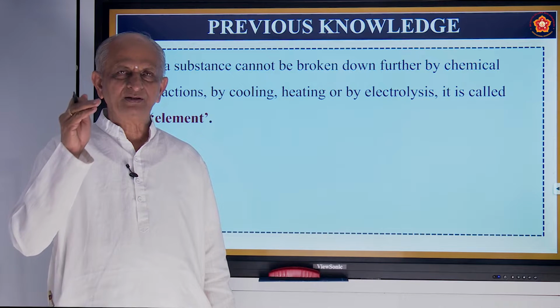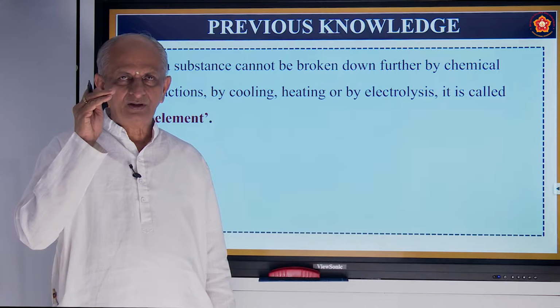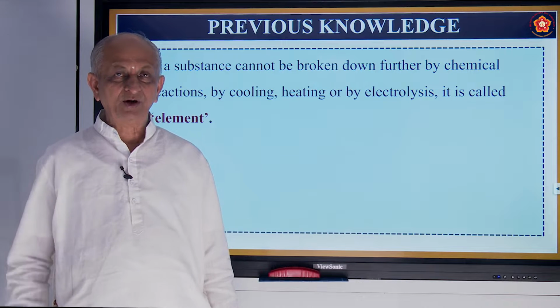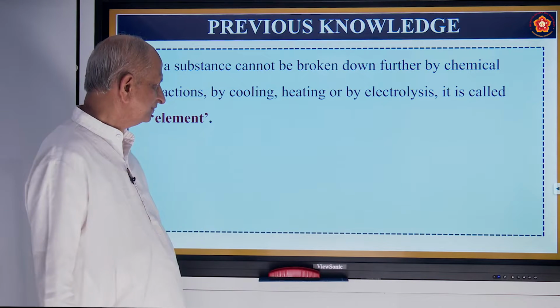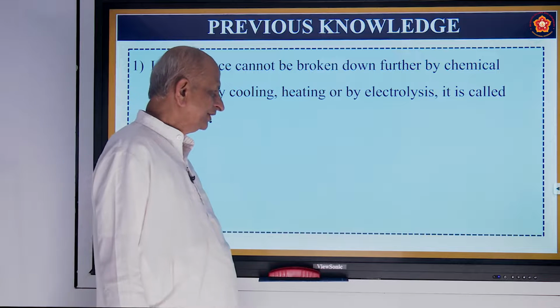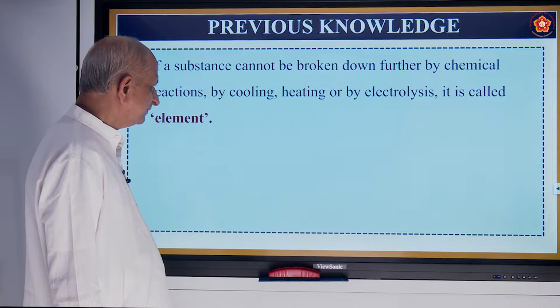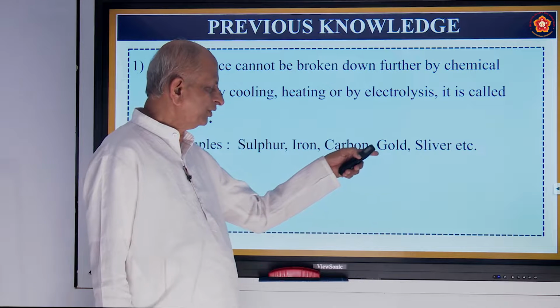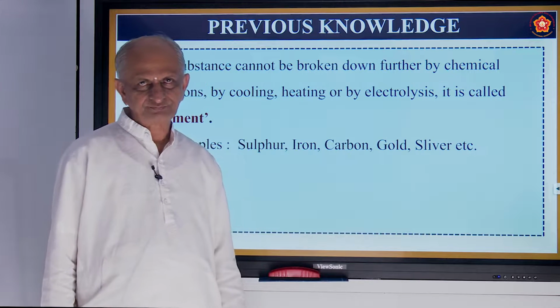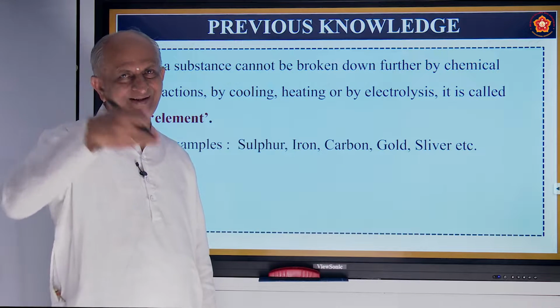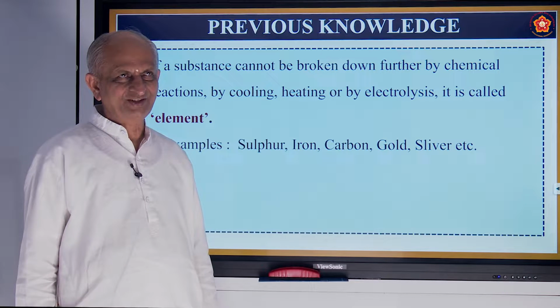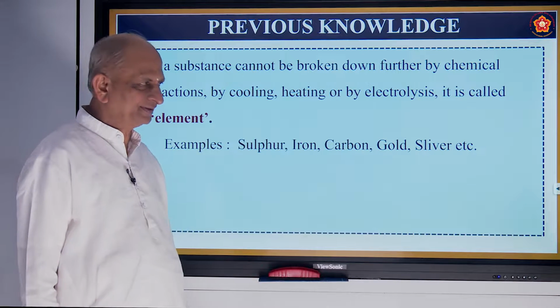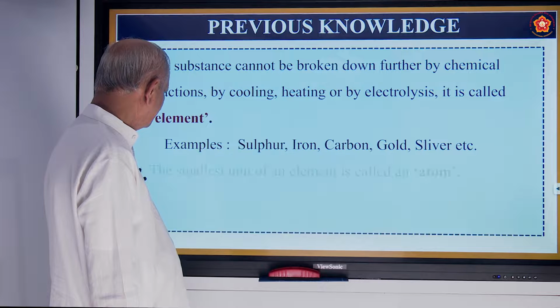It will be carbon only, smallest particle. Is it not? So that is what is called as element. Example, sulfur, iron, carbon, gold, silver, etc. You also can add. Actually, there are about 115 elements discovered so far.